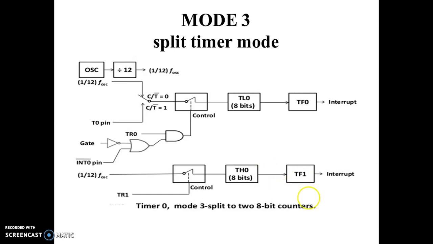TH0 receives the clock under the control of TR0, and the timer overflow flag TF1 is set when all bits of TH0 go from 1s to 0s. So this is about the mode 3 operation.